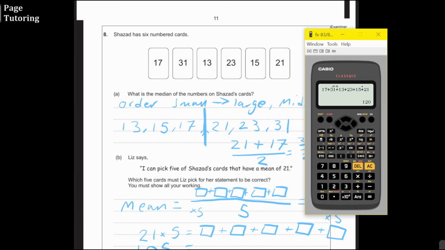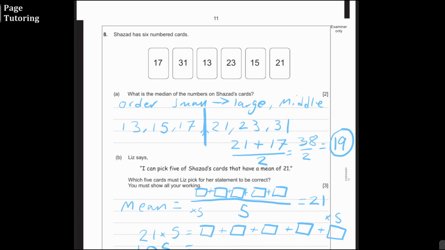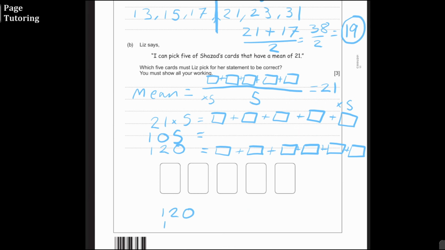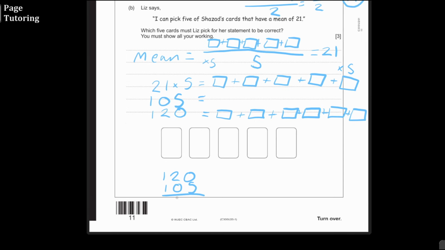So that equals 120. 120, 105. We could take them away from each other and see what the difference is, and that would be 15. So if you had all 6 cards together, it'd equal 120, but we actually want it to be 15 lower than that.